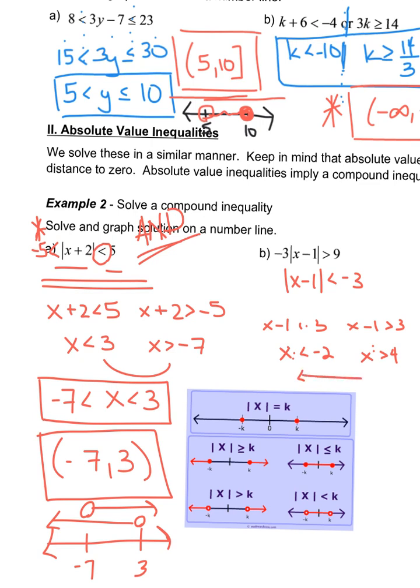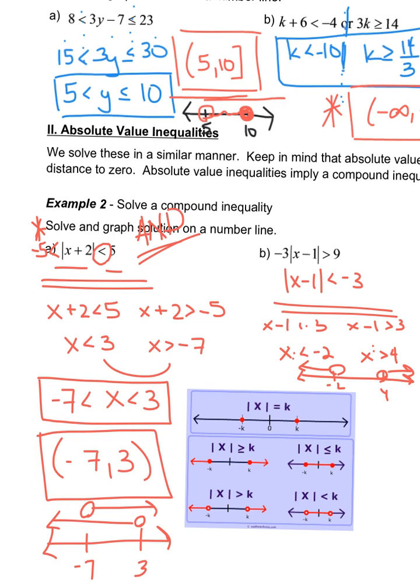Then when you go to the number line, you're going to have -2, you're going to have +4, shading that way. So if we continued our process, we broke it up into our 2 inequalities, we solved, we found that x is less than -2 or x is greater than 4.